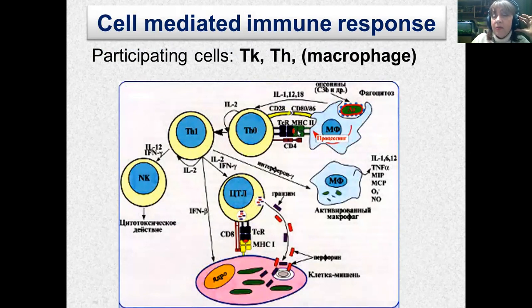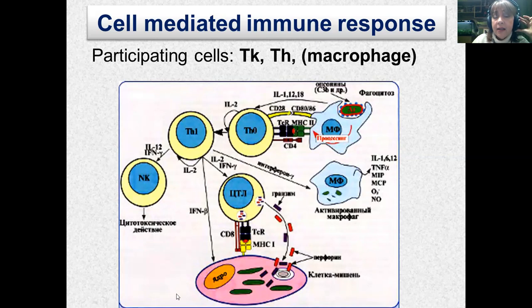T helpers, after double recognition, are activated, they multiply, release interferons, and release interleukins to activate natural killer cells and to activate T killers.